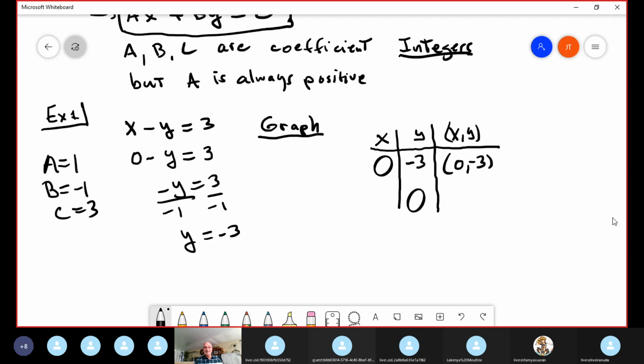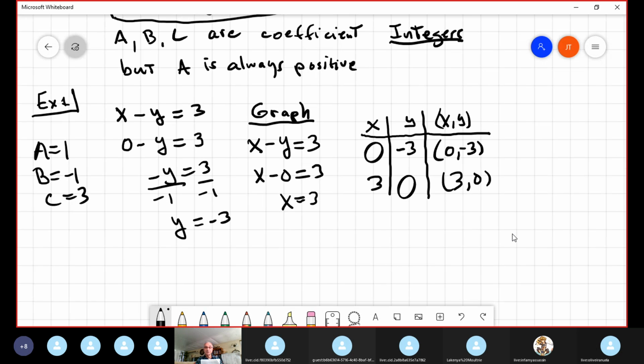Now let's do exactly the same, but with y equal 0. x minus y equals 3, and you set y to 0, that's x minus 0 equals 3. 0 is nothing, x equals 3. Therefore, 3 here, and the point is (3,0). Now, ready to do the graph.